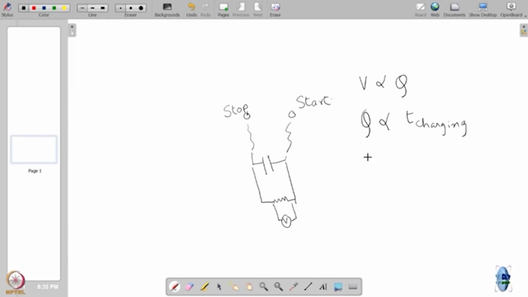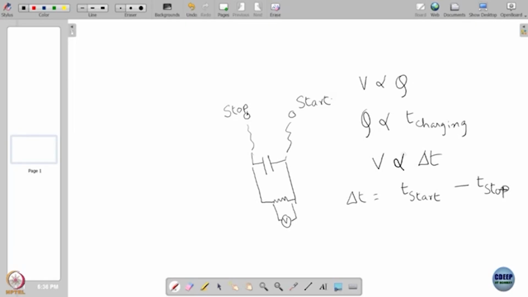So, I can write it like this: voltage is proportional to delta t, where delta t is the difference in times of arrival at start and stop.